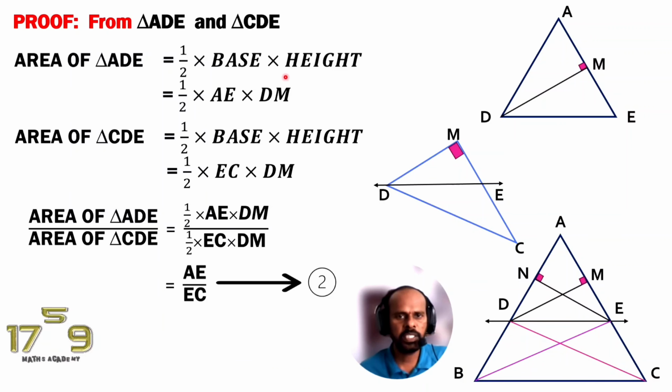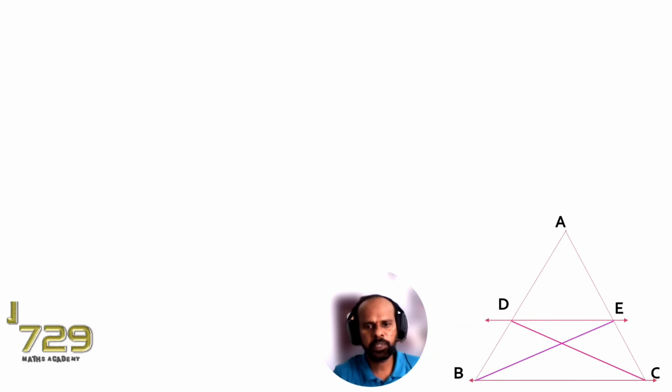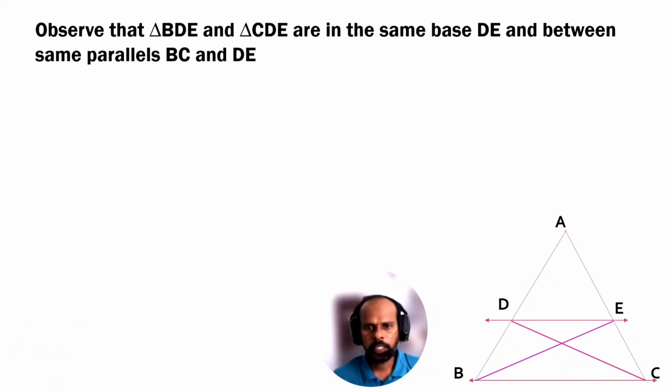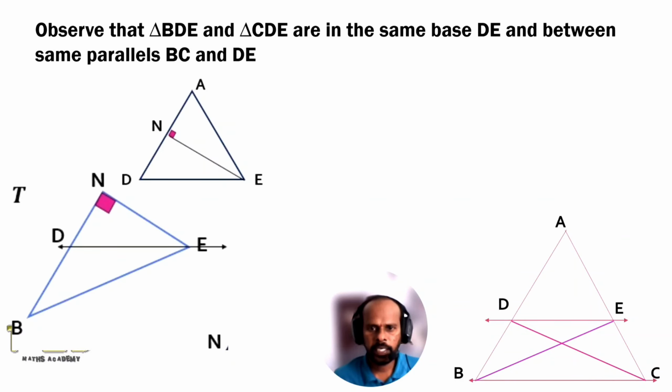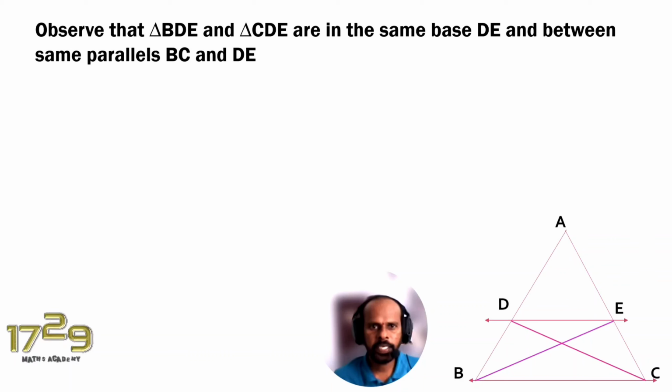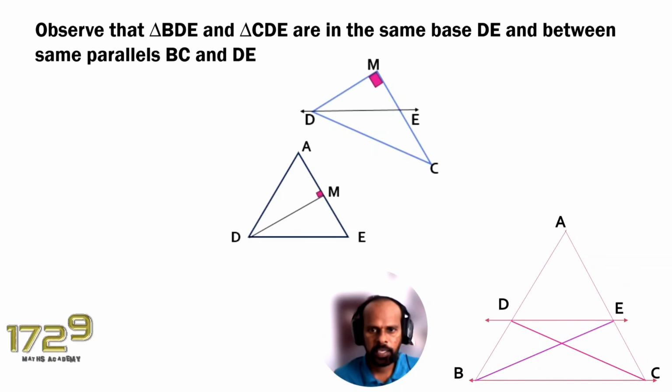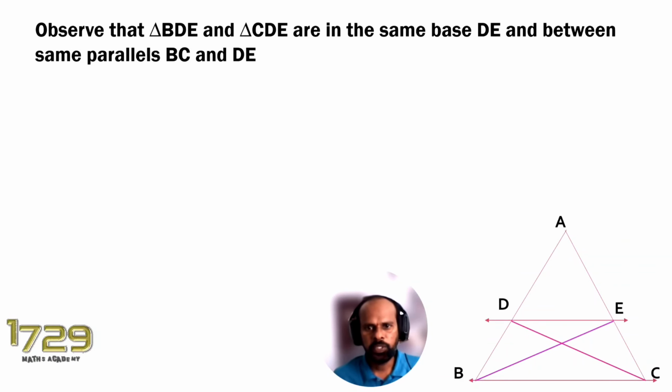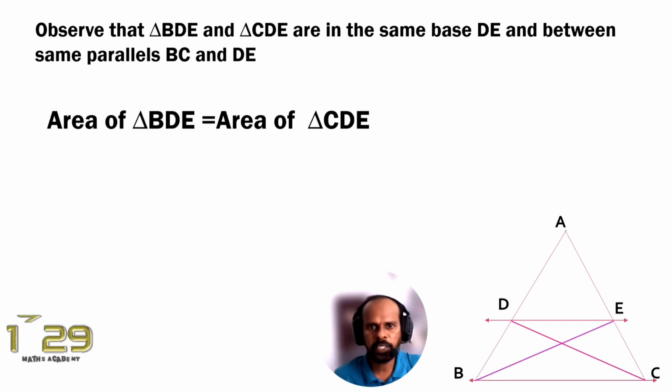Next, we can observe triangle BDE and the area of ADE, and next triangle CDE and the area of ADE. The two triangles BDE and CDE are on the same base, which is BC, and between the same parallel lines, since DE is parallel to BC.